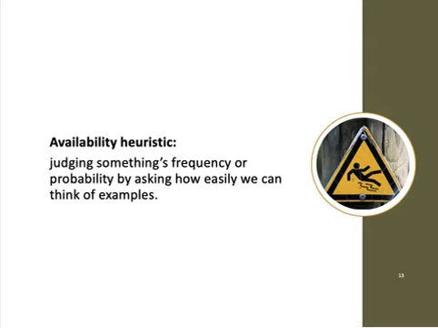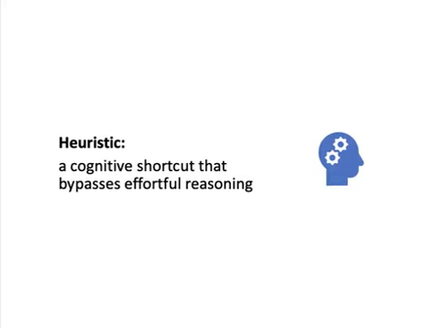And this is called a heuristic because in many cases it's helpful or good, but in many cases it leads us astray, because how easily we can think of examples doesn't actually truly tell us something's actual frequency. Okay, so a heuristic is a cognitive shortcut that bypasses more effortful reasoning.